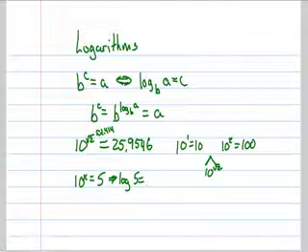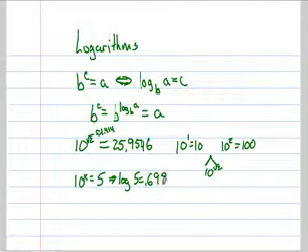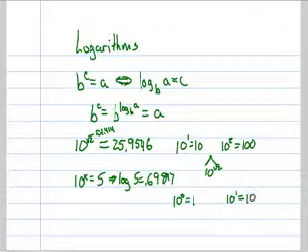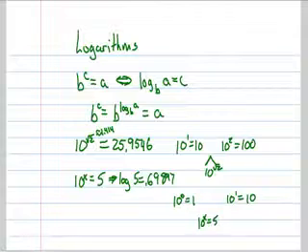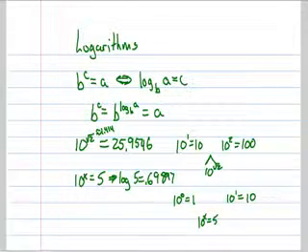If you did that, you should have gotten an answer of 0.69897, which makes sense because we know 10 to the 0 is equal to 1, 10 to the first is equal to 10, so for 10 to some power that equals 5, this x has to be somewhere between 0 and 1. And sure enough, 0.69897, which is an approximation only to 5 decimal places, meets that definition.